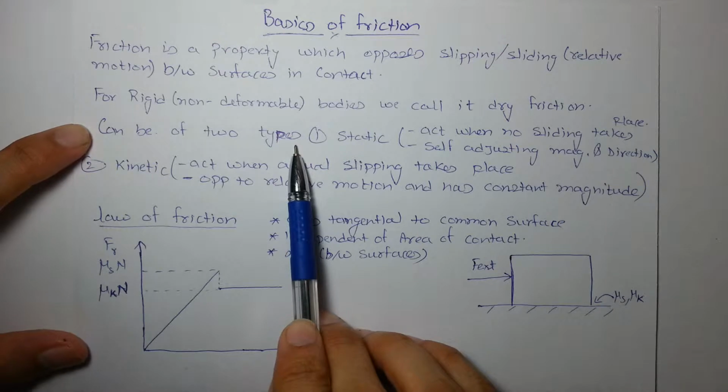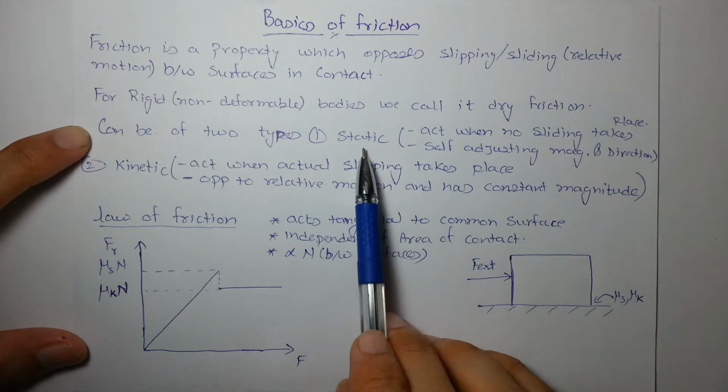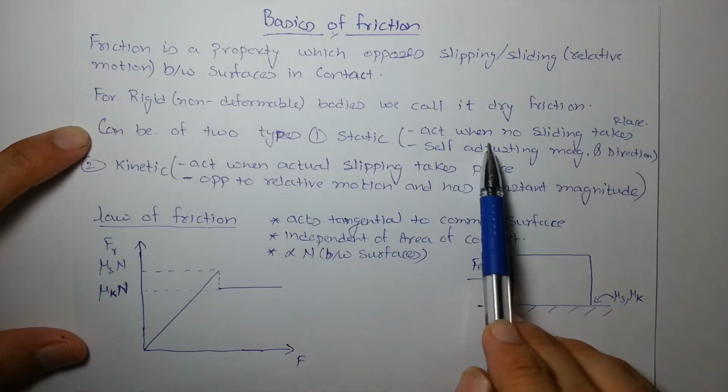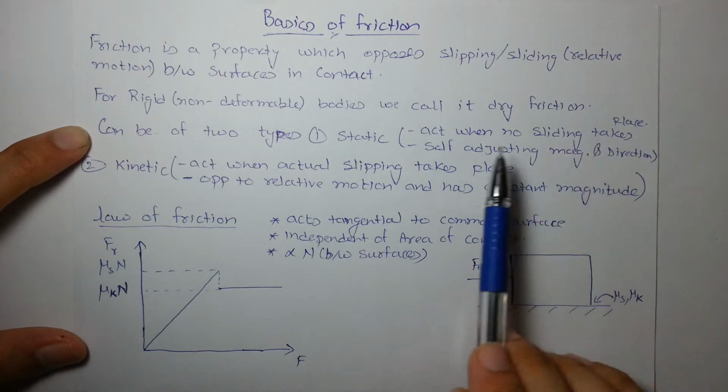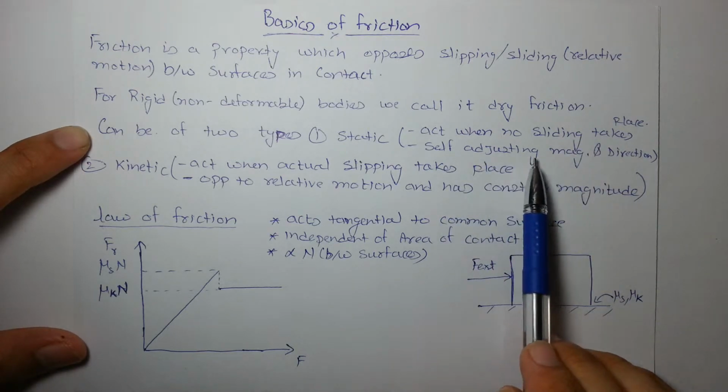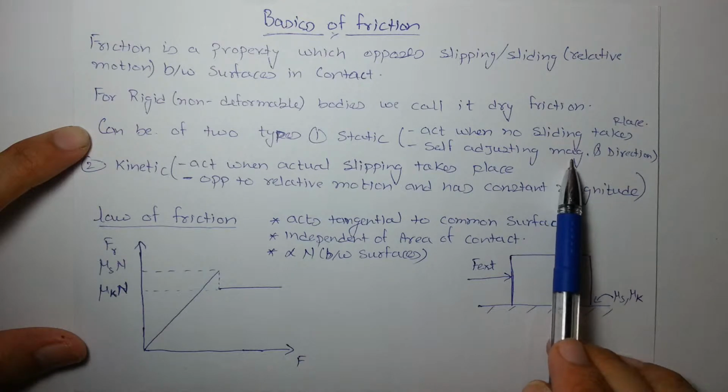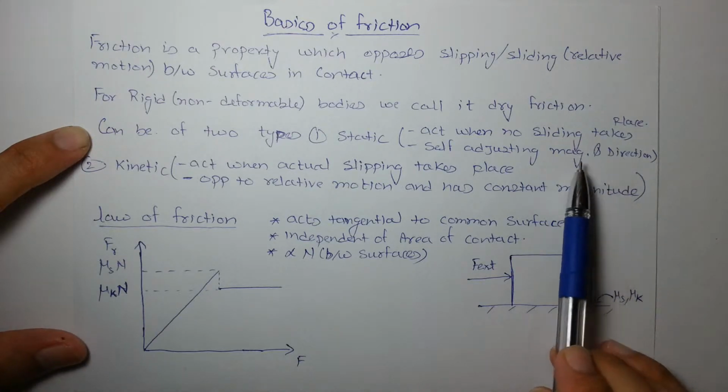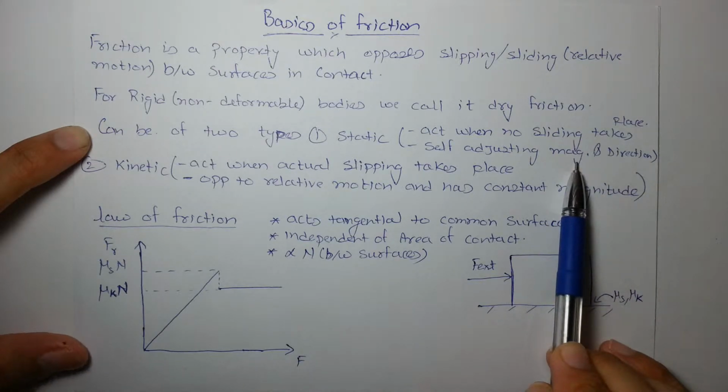It can be further classified into two parts. One is static. It acts when there is no sliding, and it's self-adjusting. It can adjust its magnitude as well as direction depending on the direction of the applied external force which tries to move the object.